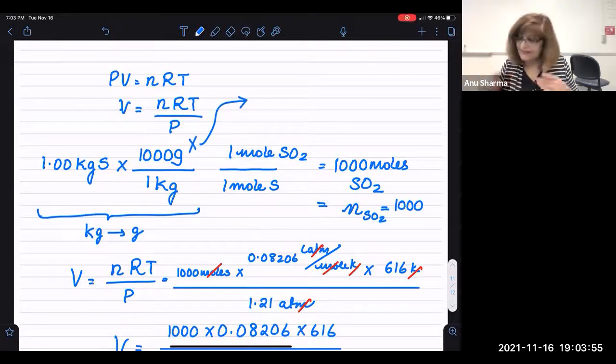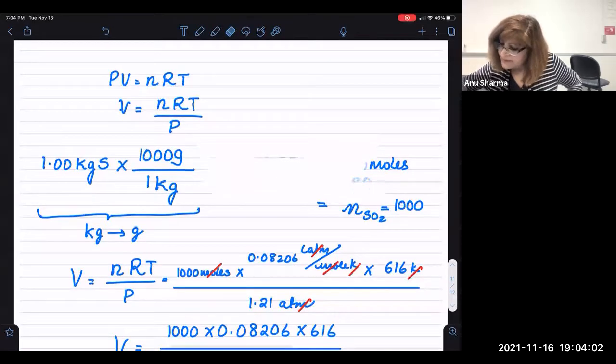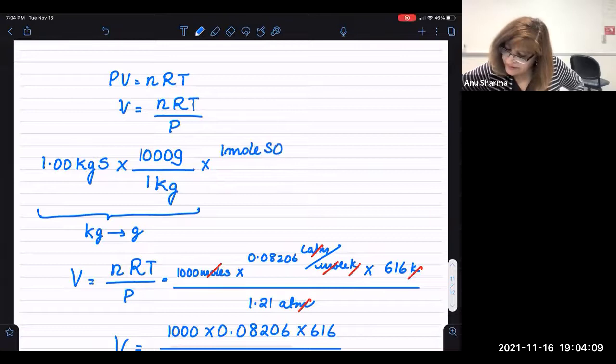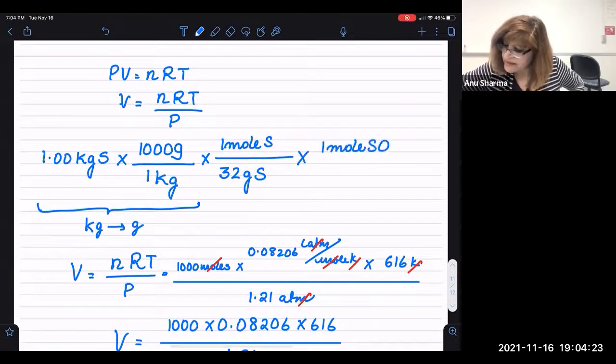So, okay, let's get that. Sorry. So 1 mole, let's just do this. So times 1 mole of sulfur dioxide over 1 mole of sulfur, and sulfur is 32 grams per mole. So 1 mole of sulfur is 32 grams of sulfur, times 1 mole of sulfur dioxide over 1 mole of sulfur.